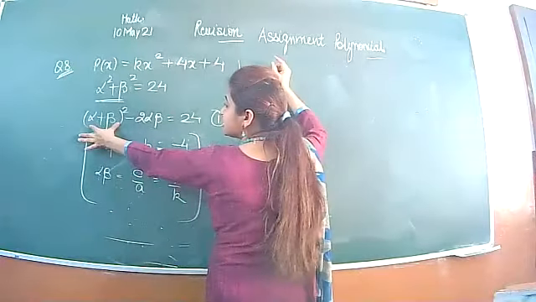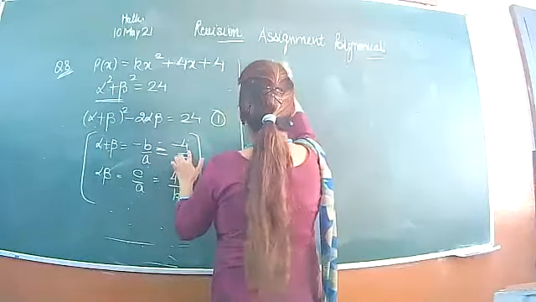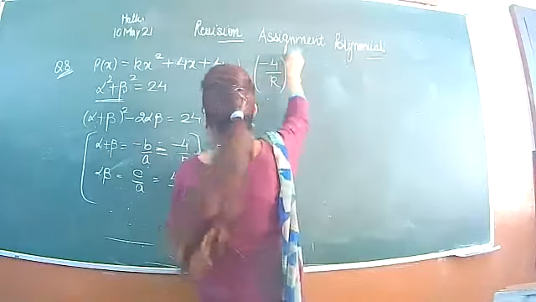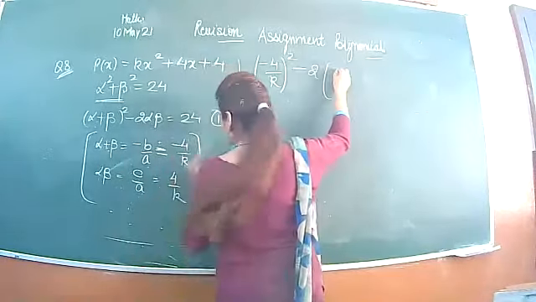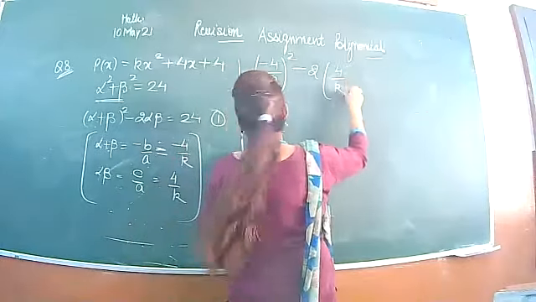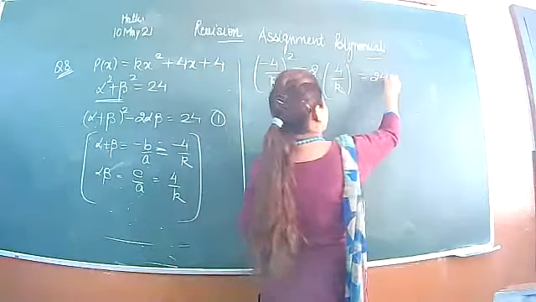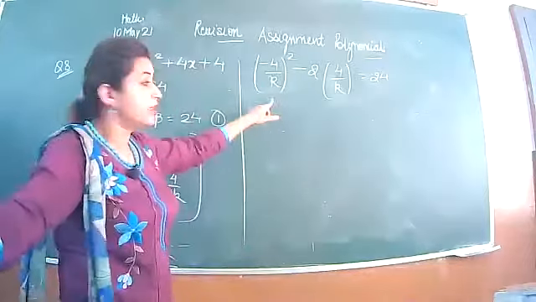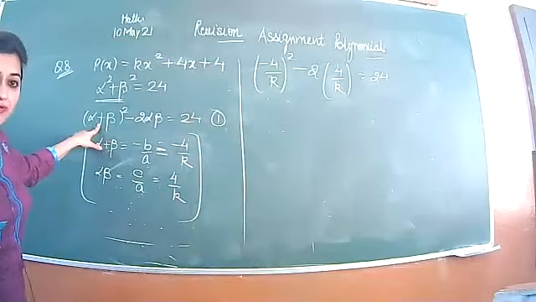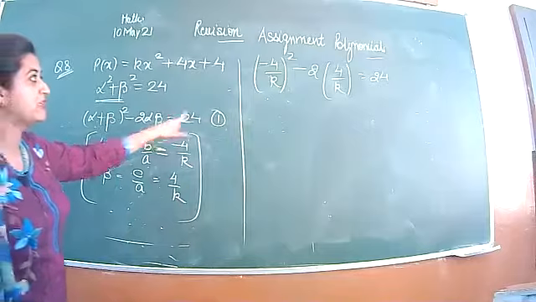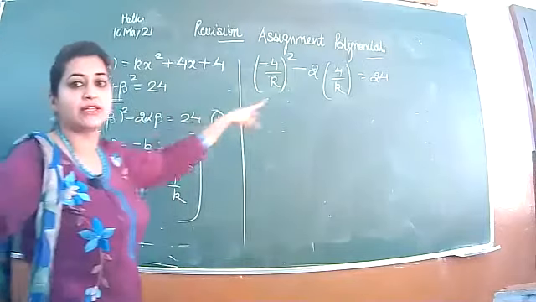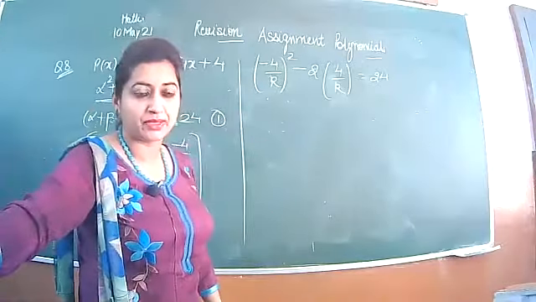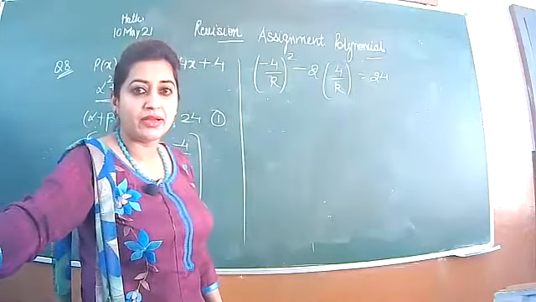The sum alpha plus beta is minus 4 by k whole square, minus twice of alpha beta, that is 4 by k, is equal to 24. Is it okay? I have written the value of alpha plus beta and alpha beta here, and the right hand side 24 I have written the same. Is it okay?